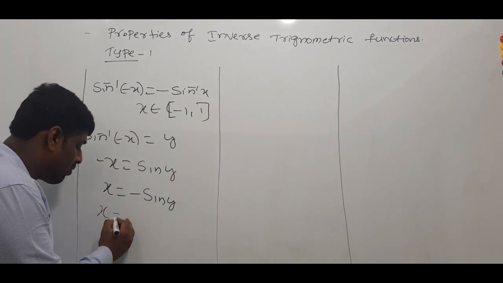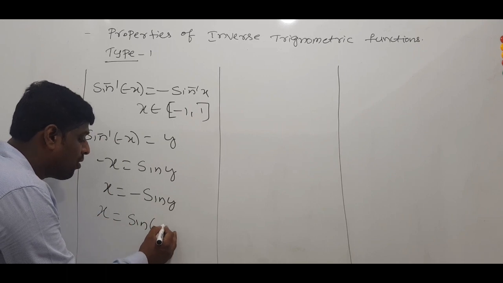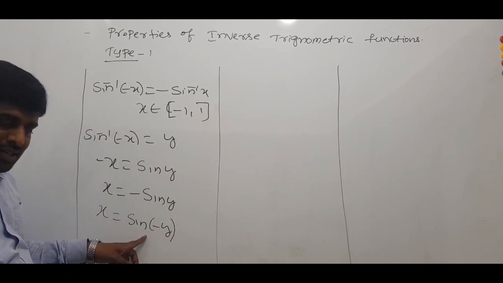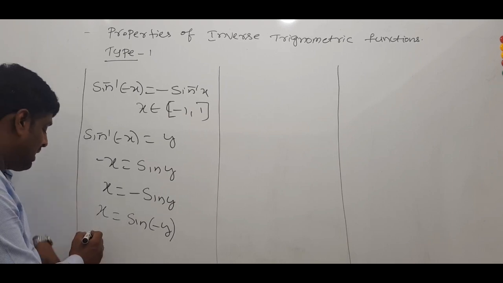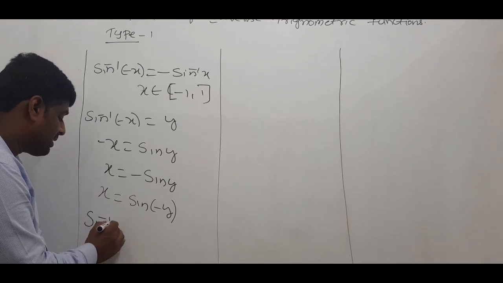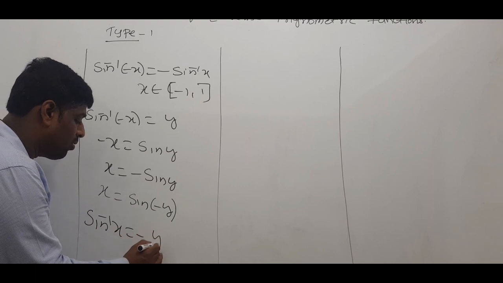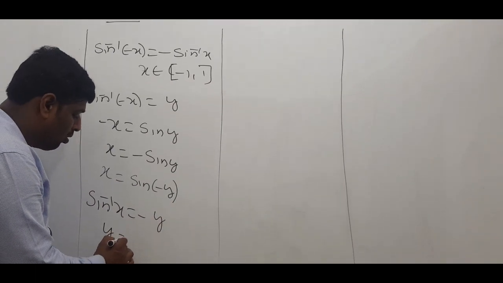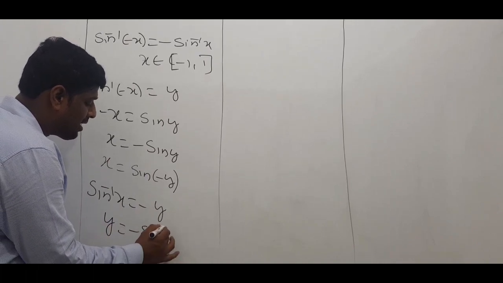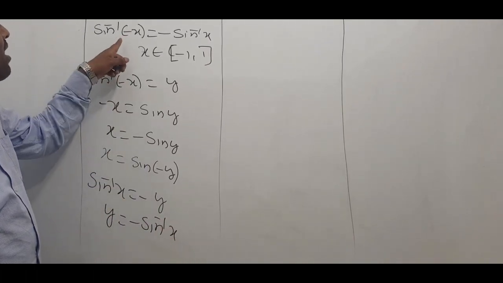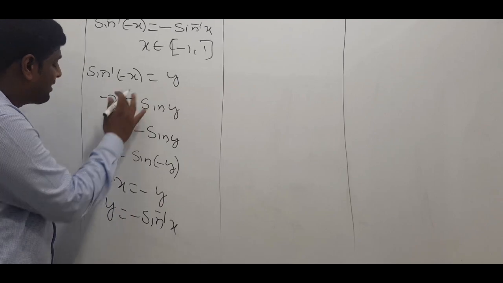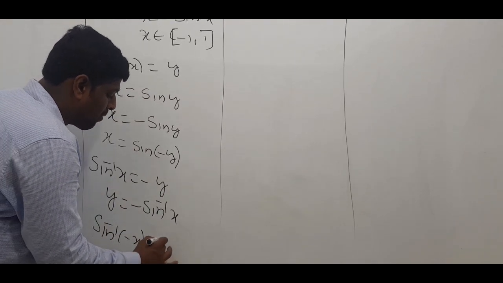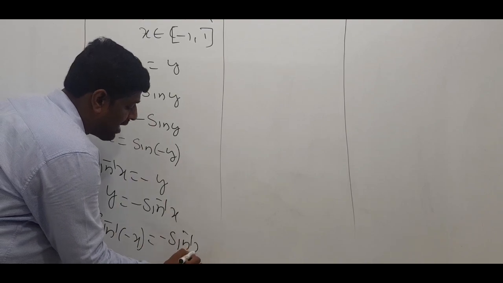So x is equal to sine of minus y, and again shifting sine to the LHS, sine inverse x is equal to minus y. Now y is equal to minus sine inverse x. Substituting the y value, sine inverse of minus x is equal to minus sine inverse x.